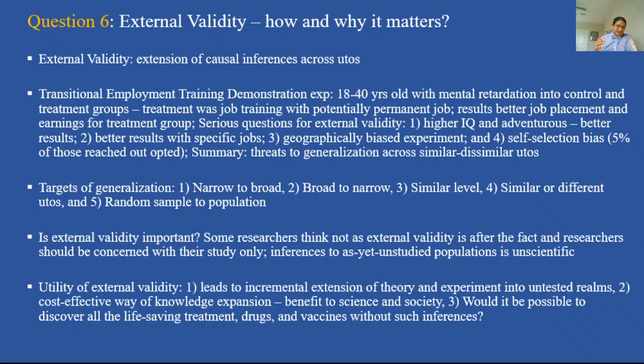And they also say that inferences to an unspecified population from a specific sample of UTOs is unscientific. That's what they say. Now, the book, although, talks about the utility of having inferences from completed studies to as yet unstudied populations. That is external validity.